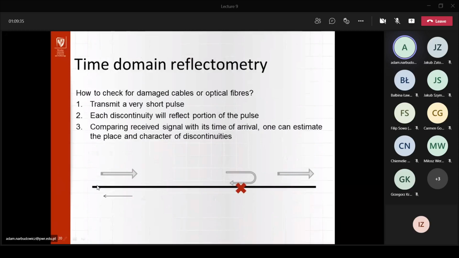So then what you have to do is measure the time between the moment you transmitted your pulse up to the moment you received the reflection. You divide it, of course, by 2, and you apply the propagation speed of the cable, and by that you can say at which kilometer of your cable the problem occurs.